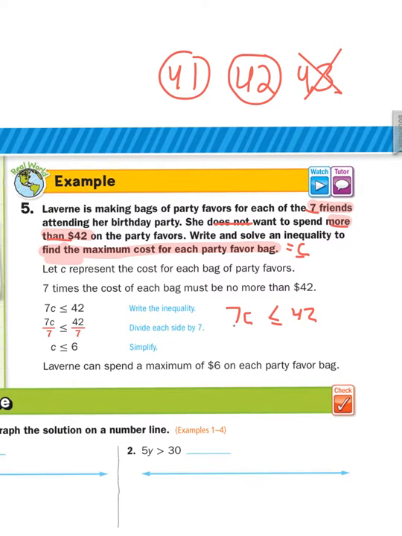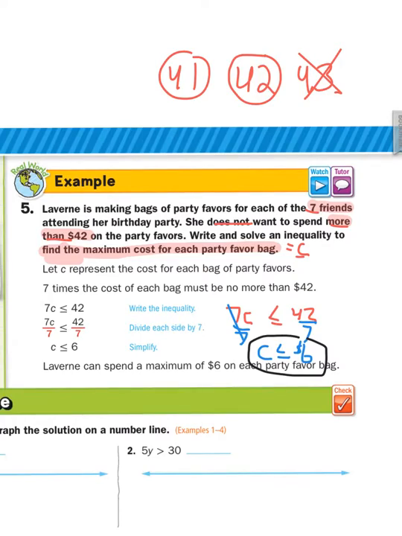Now to solve it, you will divide by 7, show that work. C is less than or equal to $6. So what this means in the solution is Laverne wants to spend less than or equal to $6 for each party favor bag.